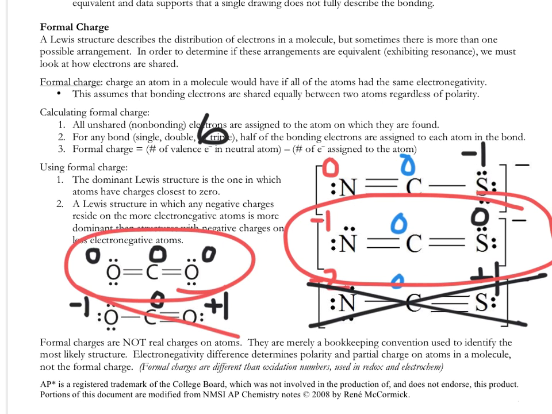So with formal charge, we need to remember they're not real charges. The sulfur atom isn't a -1 charge and the nitrogen isn't a -1. It's a way that we keep track of where the electrons are compared to where they should be. Electronegativity difference is how we figure out if it's polar or not.